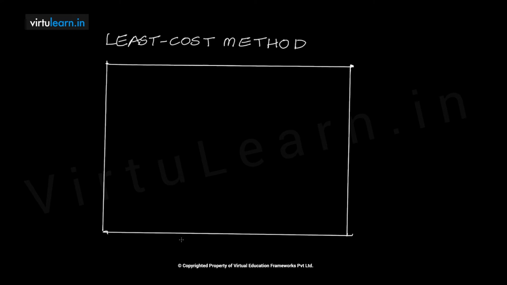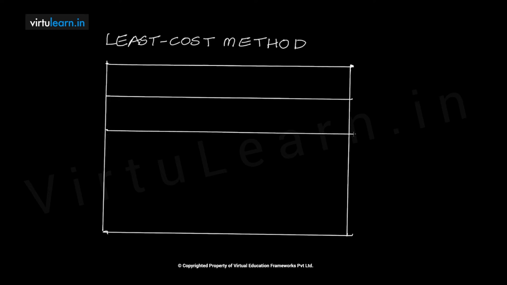After identifying it, we will allocate as many units as possible into that cell, and then move on to find the next least cost, where we also allocate the maximum.